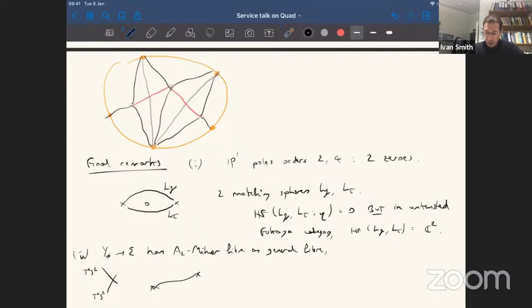So there's another picture that naturally arises of so-called tripod matching spheres, in which you have three zeros of your differential and you have a Lagrangian sphere, L tripod, which lives over a series of arcs where if these spheres were the A and B spheres, you see in the fiber the A sphere, the B sphere, and the Dehn twist of one about the other lying over these three arcs. And these pieces glue together to form a Lagrangian sphere.